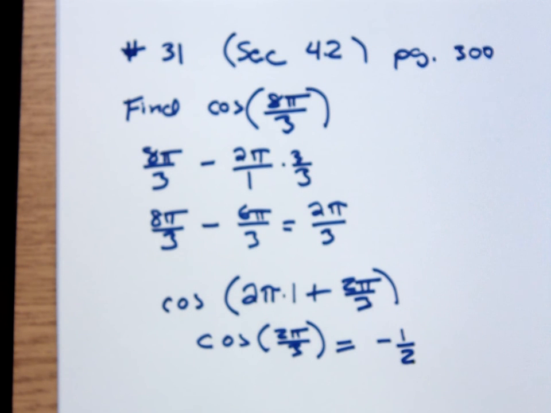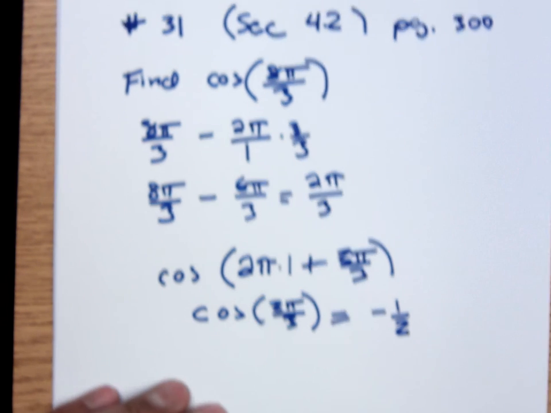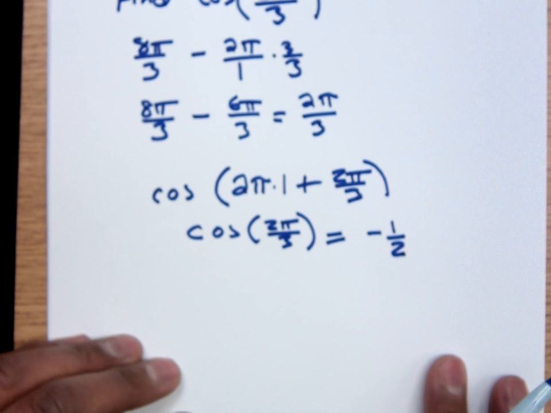And the answer is because of what it says in your notes. I'm going to write it on the screen here because it's kind of small. I want you to look on page 298. The question was, why can we get rid of the 2 pi times 1? Here's what your book says.